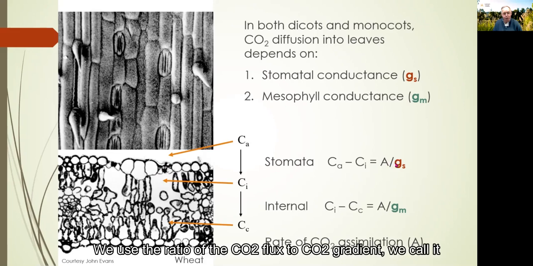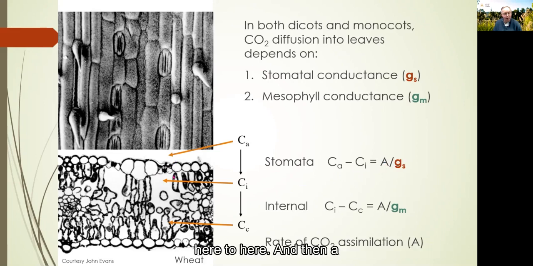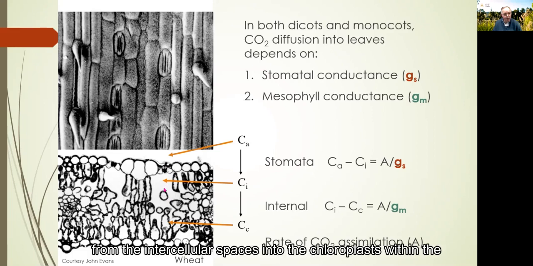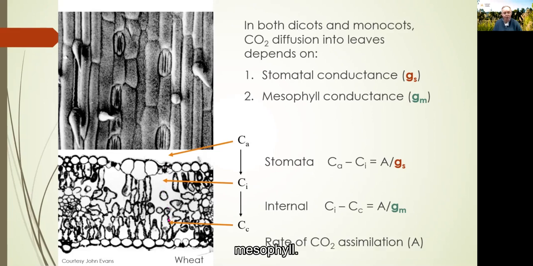We use the ratio of the CO2 flux to the CO2 gradient and call it a conductance. So that one's a stomatal conductance from here to here, and then a conductance, we call it a mesophyll conductance, to go from the intercellular spaces into the chloroplasts within the mesophyll. Hope you got all that. This is biology 101, or maybe a third year biology.